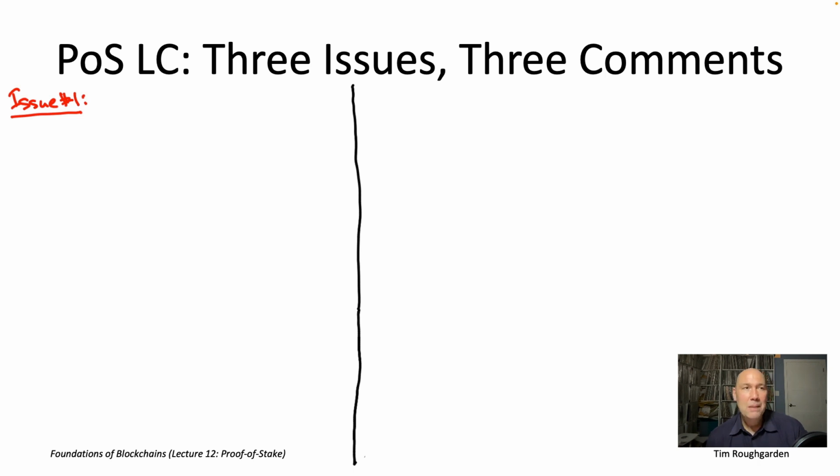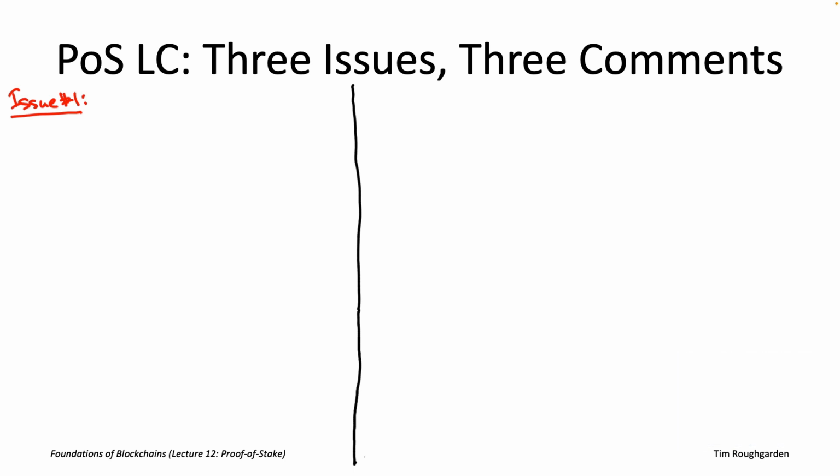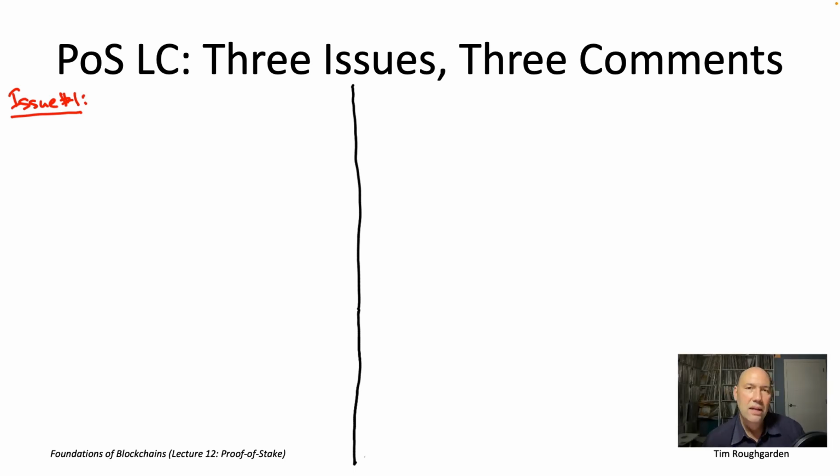But by virtue of being, in effect, independent random experiments across different private keys with which you evaluate the VRF, you're going to have some variance around that expectation. So you just have to learn to live with a variable number of winners coming out of any VRF-based selection procedure. So 2 of the 3 issues I want to highlight on the left half of this slide concern this variable number of winners quirk of VRF-based sampling.